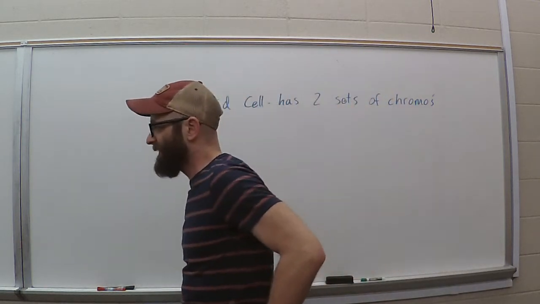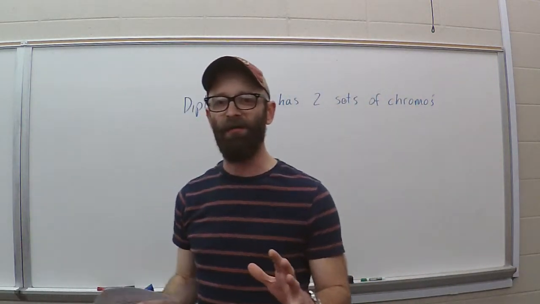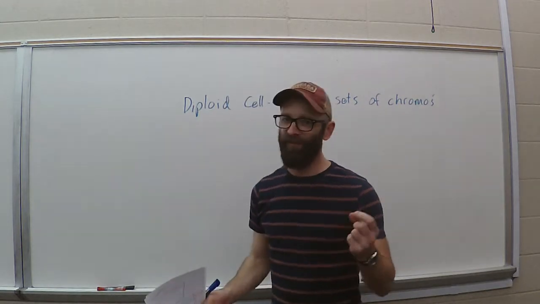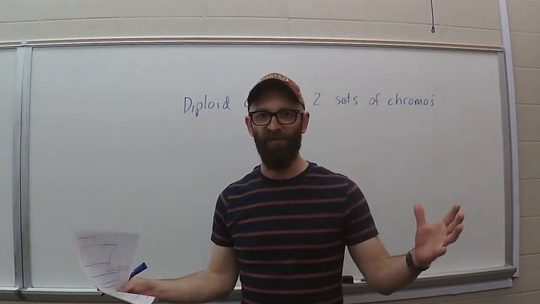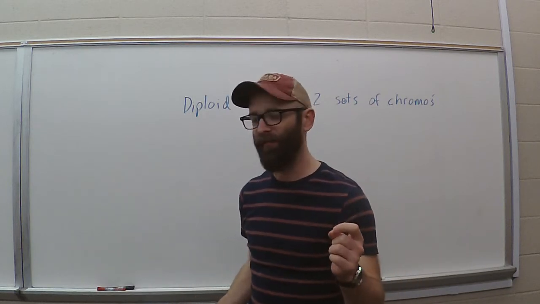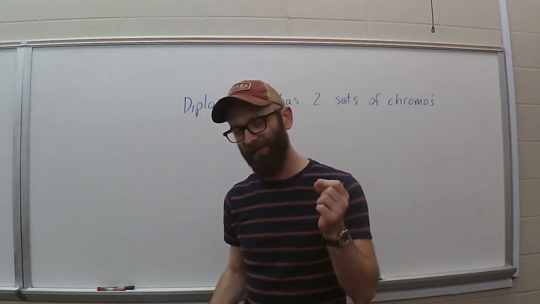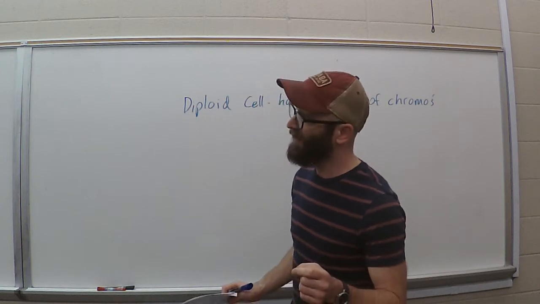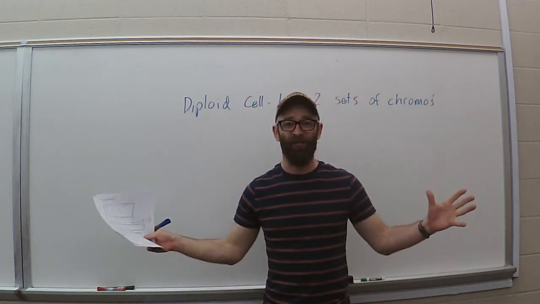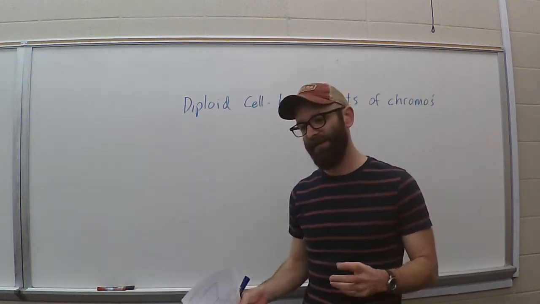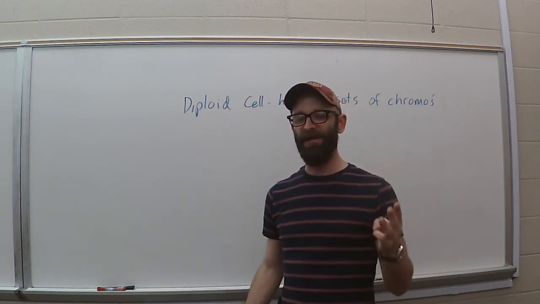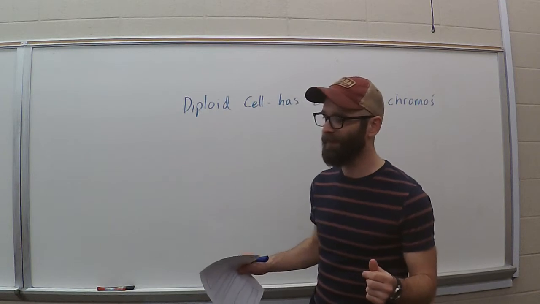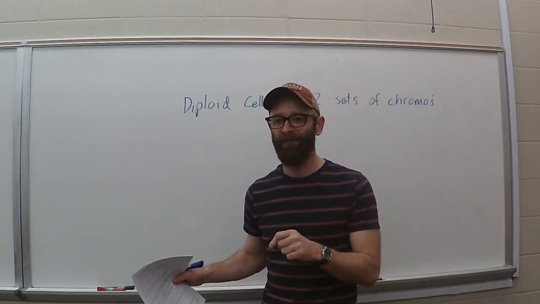One thing that I don't want you to get confused is this difference between pairs of chromosomes and sets of chromosomes. When I talk about a pair of chromosomes, I'm talking about a pair of homologous chromosomes. When I talk about a set of chromosomes, I'm talking about, in humans at least, 23 chromosomes, 1 from each pair.